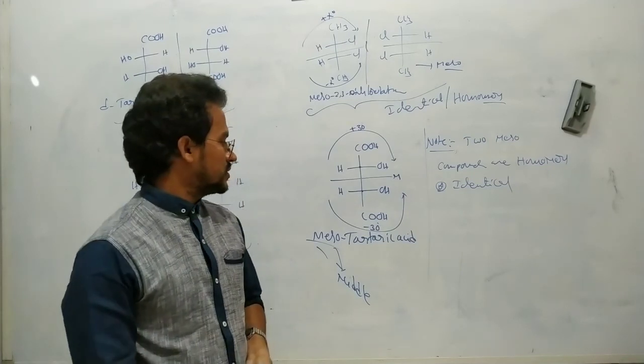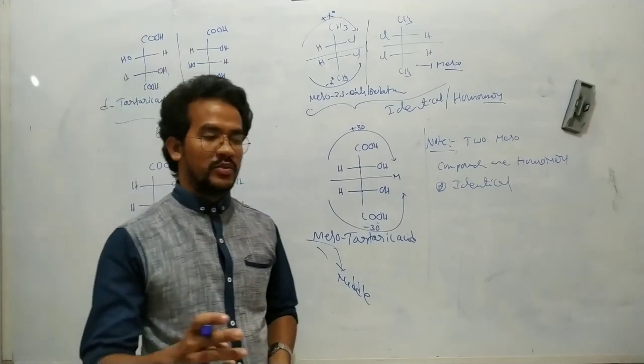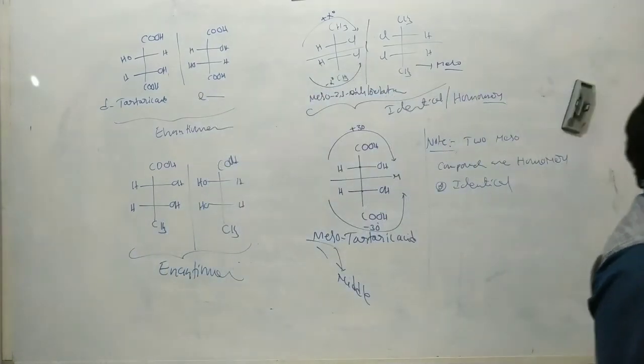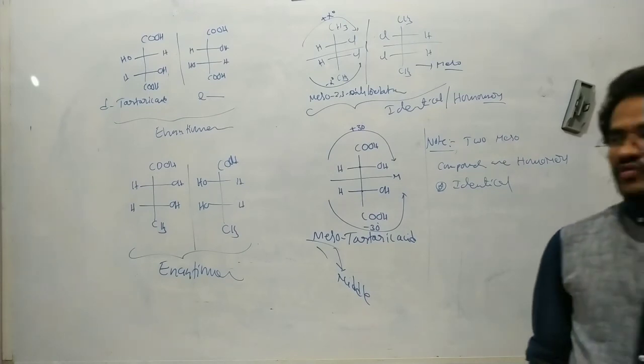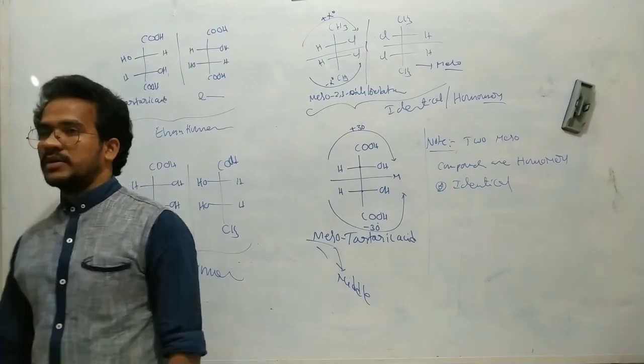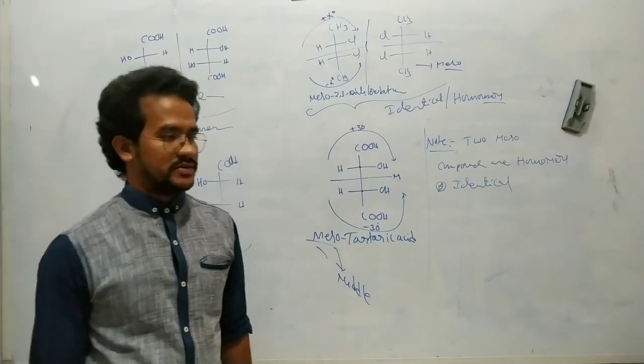So next, write one more point. A compound with one chiral carbon is always optically active.